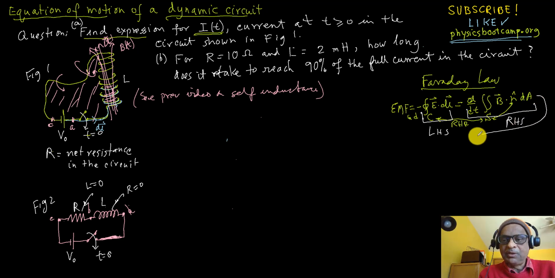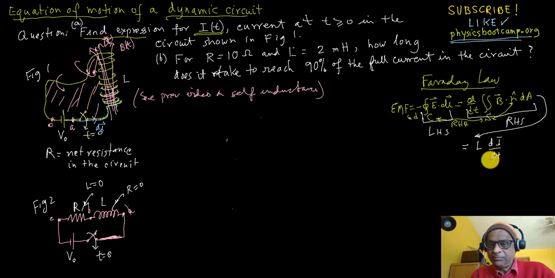If I have just one circuit like this, we know this is equal to L di/dt, where i is the current going through this circuit.